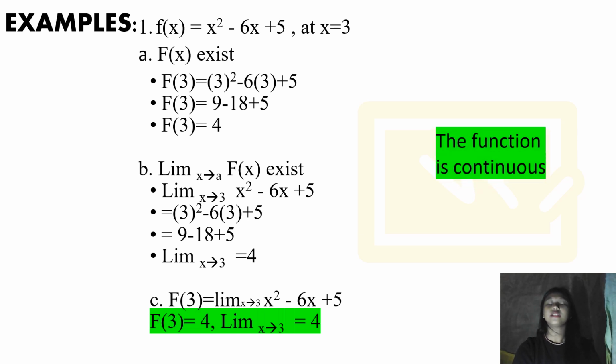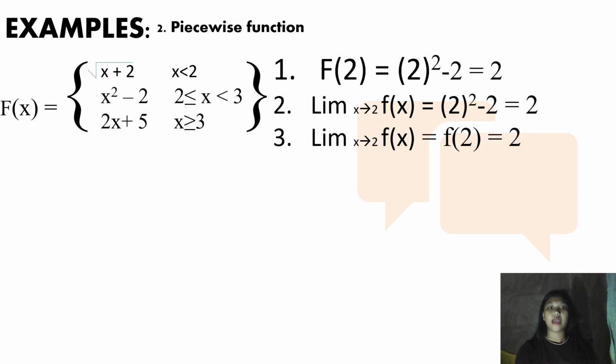Now, let us continue with example number 2. Example number 2 is a piecewise function where we must find whether the function is continuous at x is equal to 2 or at x is equal to 3.